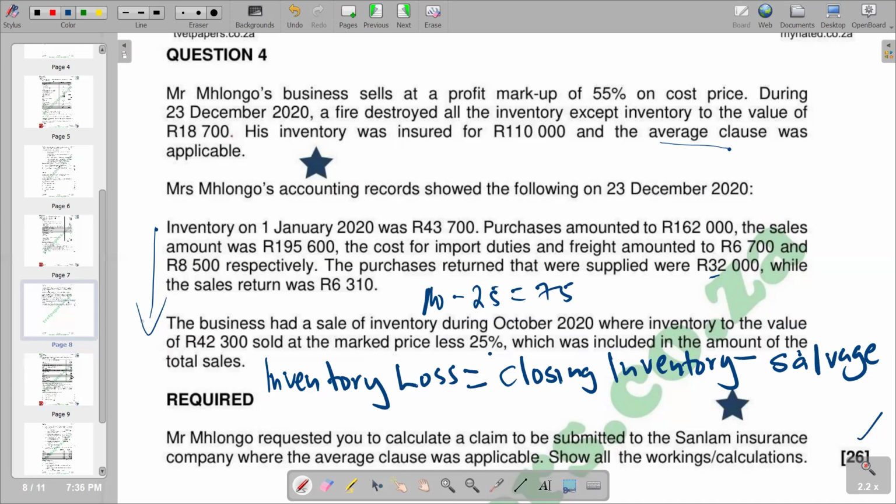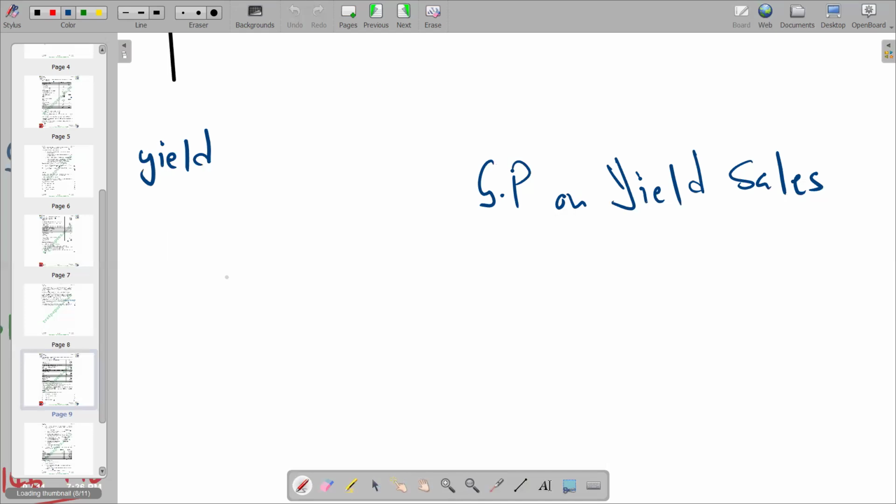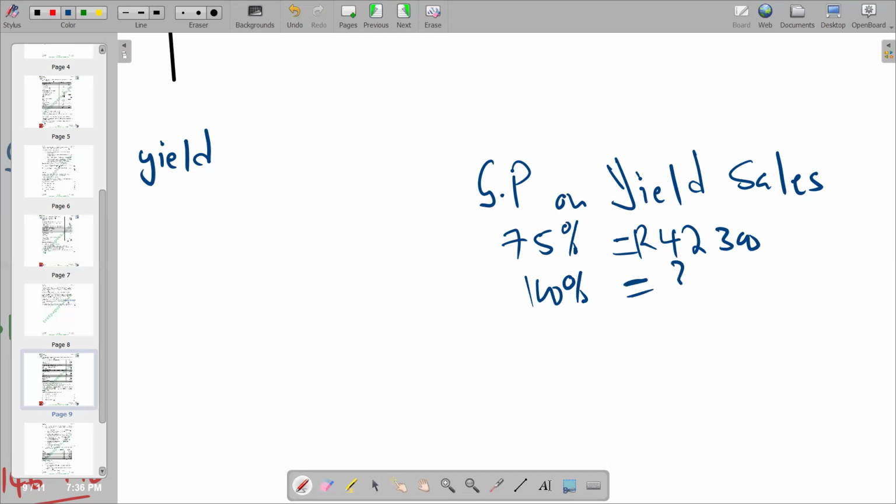So basically, if you come now there, you just make again a simple proportion whereby you say 75% is equal to 42,300, and the figure that we are looking for is 100%, the question mark.